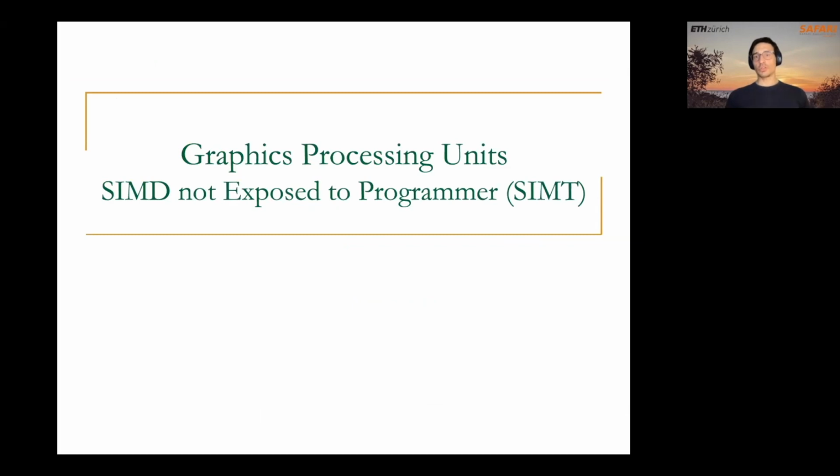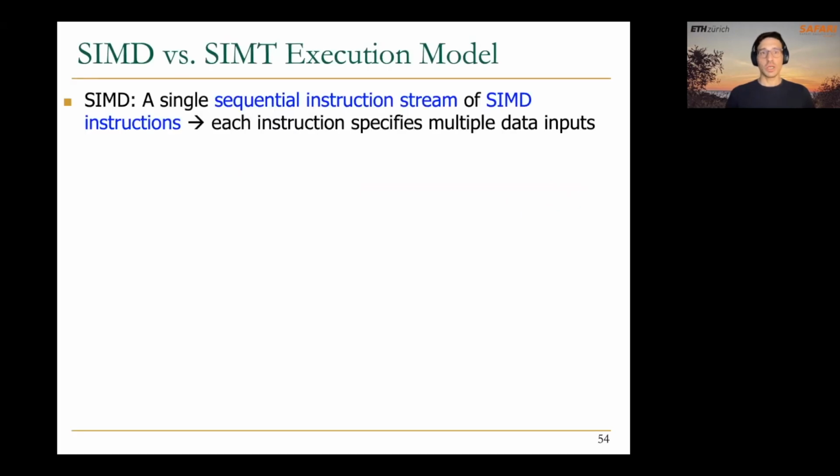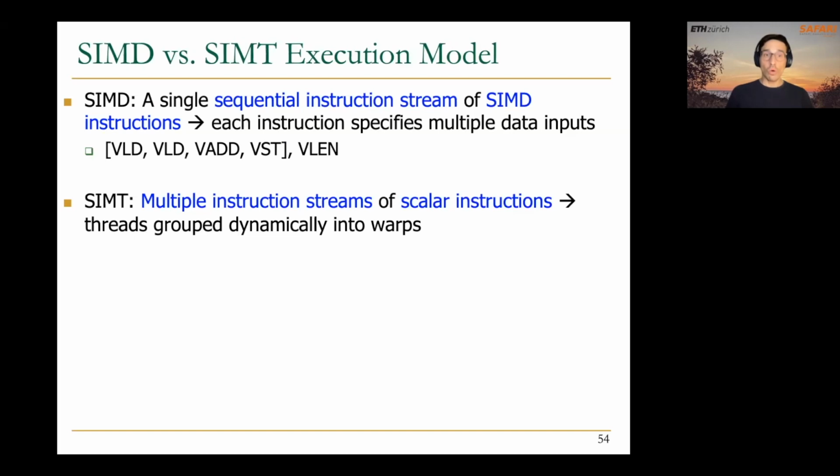So graphics processing units are SIMD processors not exposed to the programmer. That's why we call them SIMT. Main differences, to summarize: in SIMD, we have a single sequential instruction stream of SIMD instructions, and we use vector instructions and vector registers and a vector length register and a vector mask register, while in SIMT we have multiple instruction streams of scalar instructions.